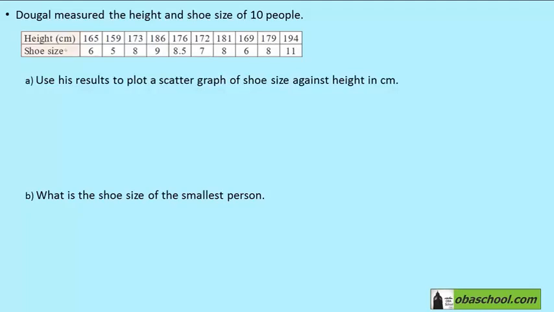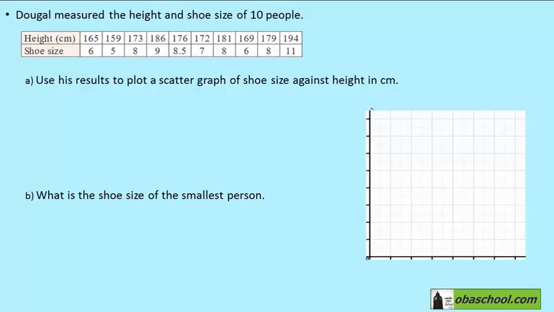Logic says that as the person gets taller, the shoe size must get bigger. Of course, there are some exceptions, but this is the main idea. So the shoe size is going to be on our vertical axis, the y-axis, and the height of the pupil is going to be on the horizontal axis, the x-axis.